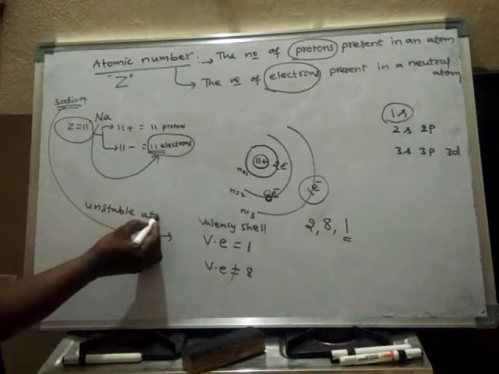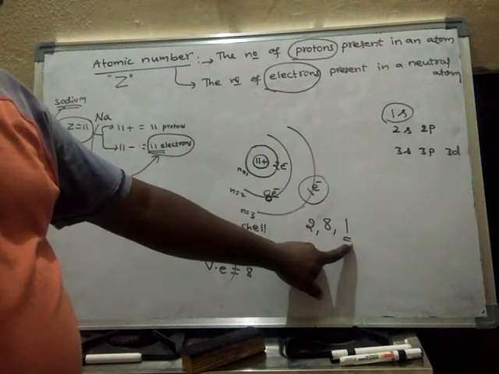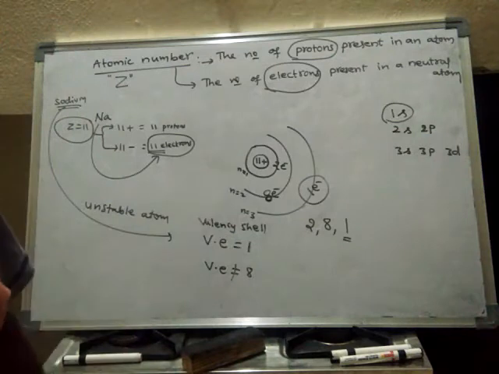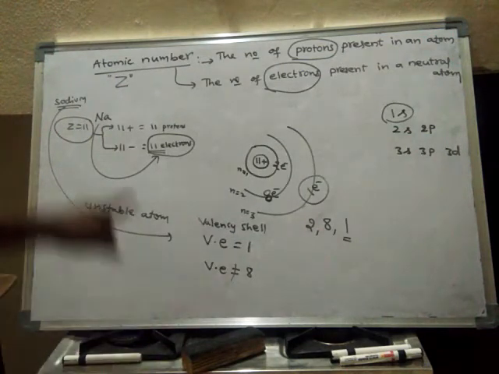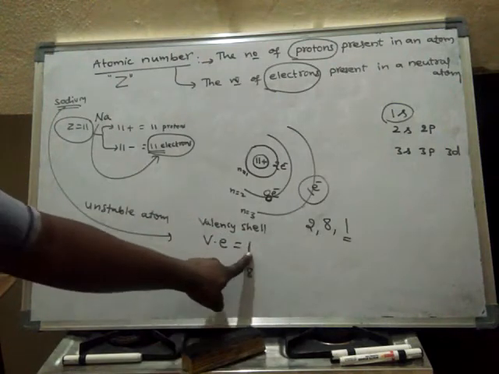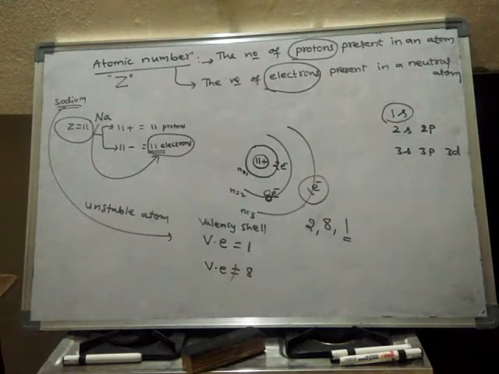Because in the outermost orbit only 1 electron is there. If the outermost orbit contains 8 electrons, then that atom will be stable. But here it has only 1 electron in its outermost orbit, so it is unstable.